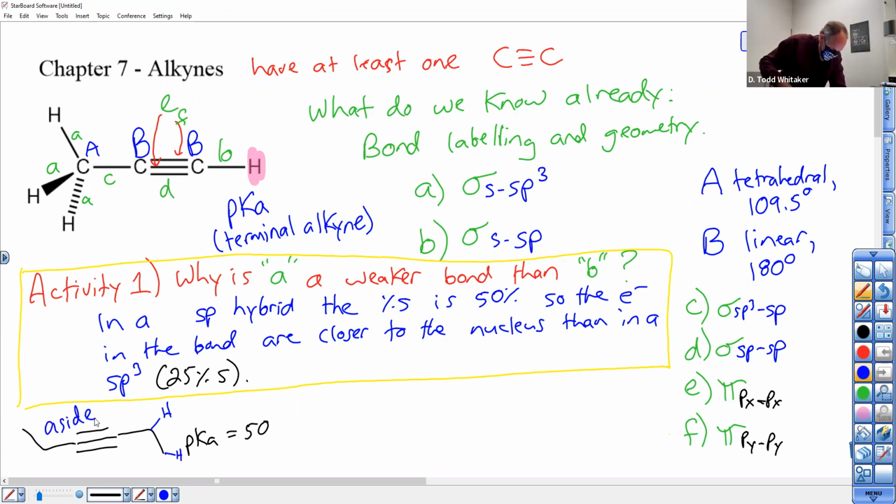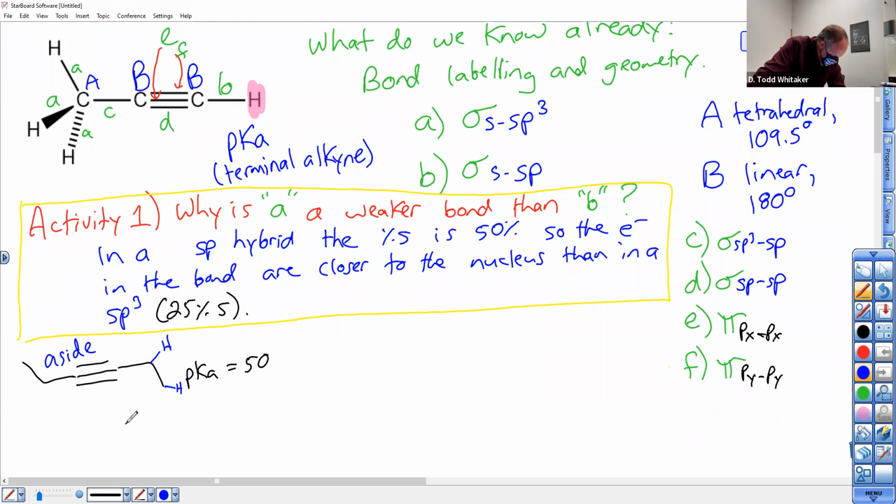And since it's an aside, and we had a terminal alkyne, give me a good name for an alkyne that's in the middle. It's within. It's not on the outside. Who studies medicine of the inside of your body? Internal medicine or internal medic studies that, right?